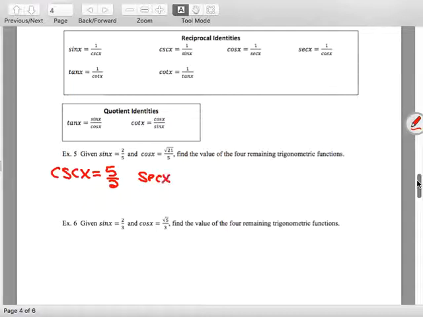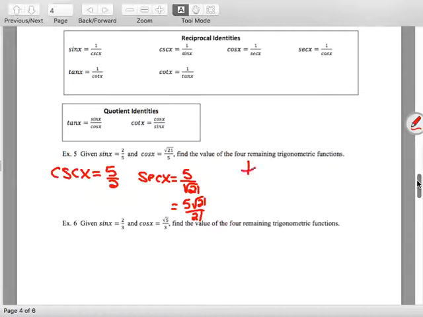Secant x is going to be the reciprocal. So be comfortable if I leave it as 5 over radical 21, or if I rationalize it, you should be able to know, no matter which way you wrote your answer, that you've done it correctly.